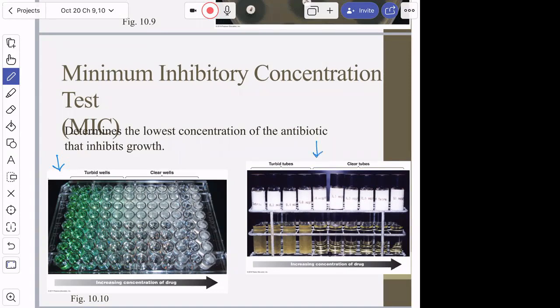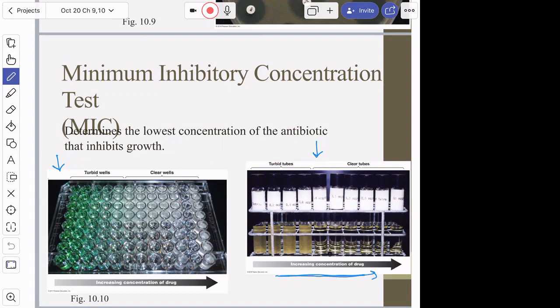So you would inoculate these broth tubes with your organism, and the broth tubes would have a certain concentration of the drug in there. So these are getting more and more concentrated as we go down the line.